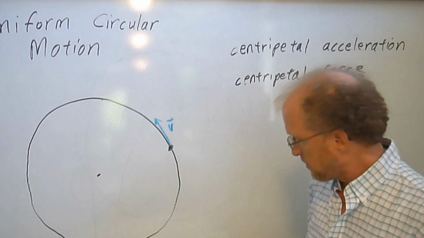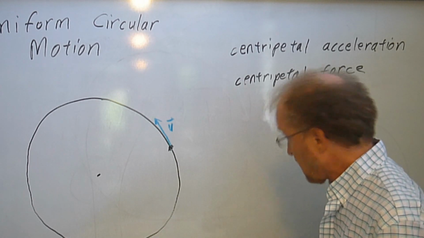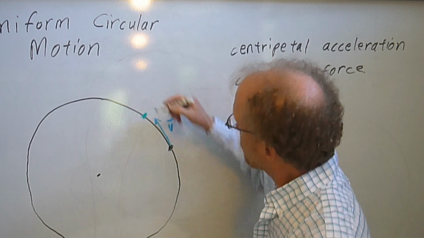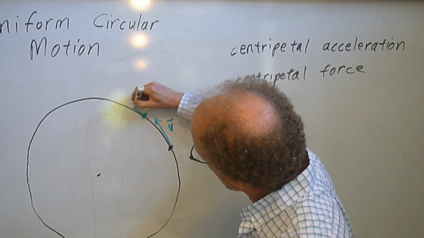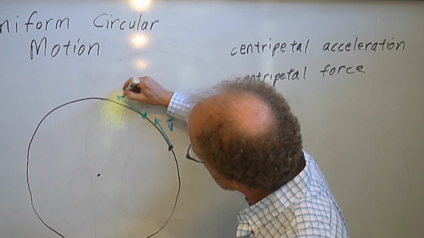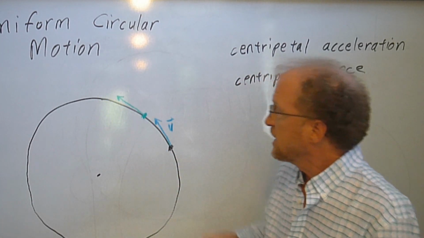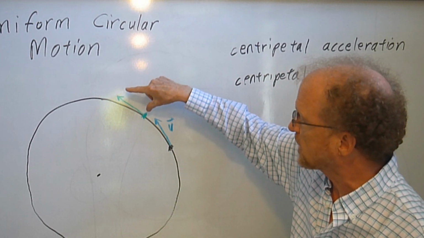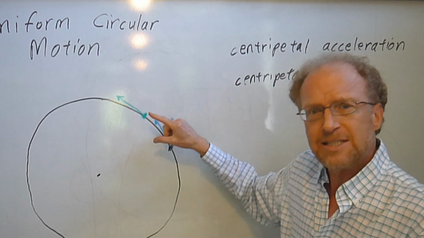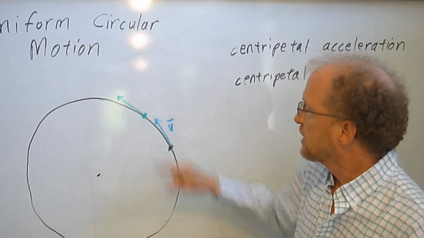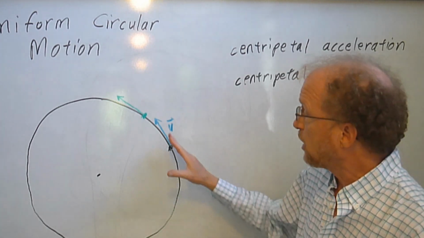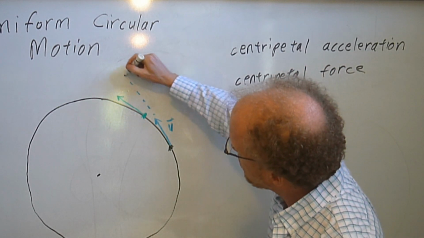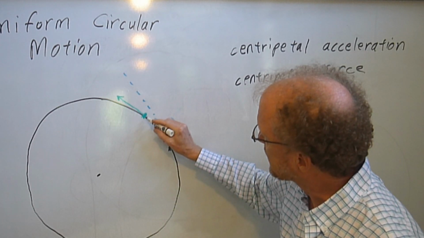And one way to think about this is, let's say that sometime later, the eraser is here, and at this time, the direction of the velocity is in that direction. It's the same length, the same magnitude as it was before, but the direction has changed. So what needs to happen to make this eraser get off the path that it should have been on if there was no force? It should have gone like that, but it's here now.